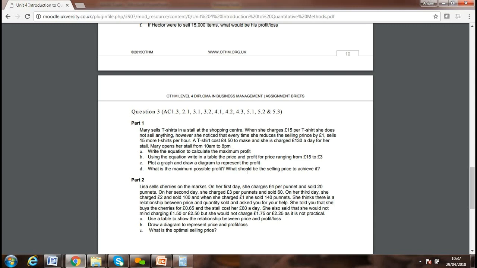So 150 shirts a day she sells, times £4.50. That gives us the cost of the total 150 shirts, plus 130 as well.